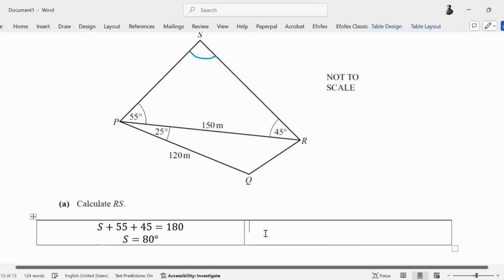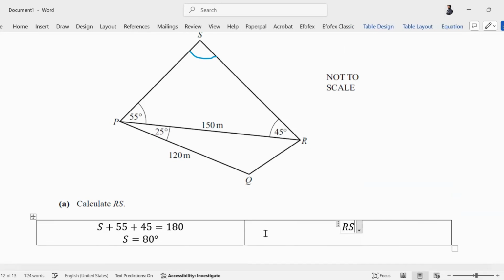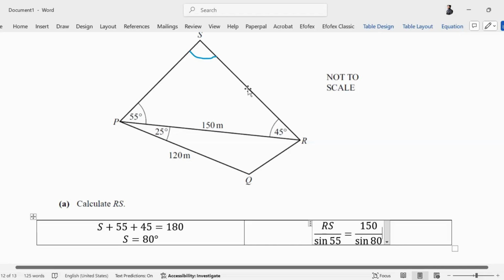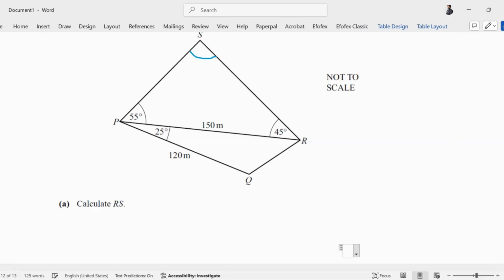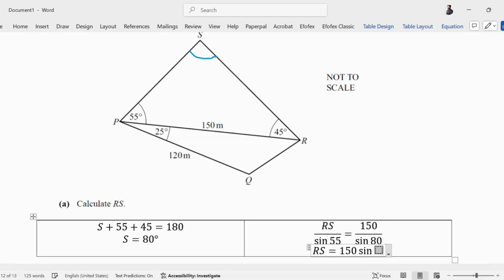So I have this angle S as 80 degrees. Now I can just use the sine rule, and I'll say RS upon sine of its corresponding angle, which is 55, equals 150 upon sine of its corresponding angle, which means the angle in front of the side. So RS ke samne, the angle right in front of it is 55. That is the angle that I'll use, and RS is 150 sine 55 upon sine 80.